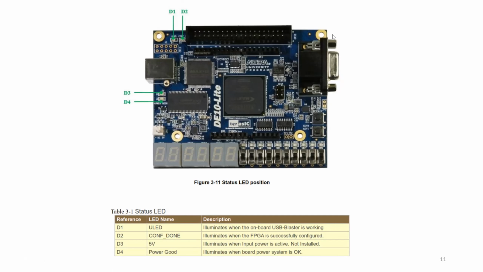D1 is ULED and it illuminates when the onboard USB blaster is working. Can you see it on your own board? Yes, I can. It says D1 load. Okay, thank you.